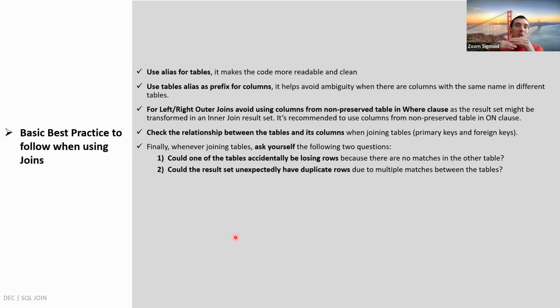Check the number of rows in the tables before the join, then check it after the join, and see if those numbers of rows are different. If different, try to understand why, because you never know when you can have some rows that you lost, or some duplicate rows.